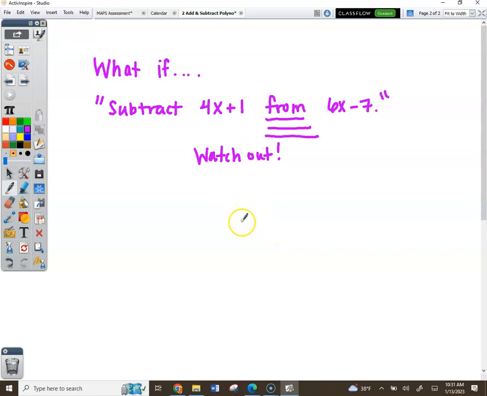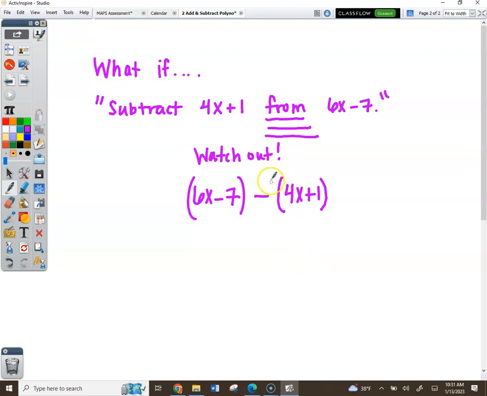It's not actually 4x plus 1 minus 6x minus 7. Instead, it's 6x minus 7. You do need to group them in parentheses, and now you're fixing to see why. Minus parentheses 4x plus 1. You with me? Everybody with me?